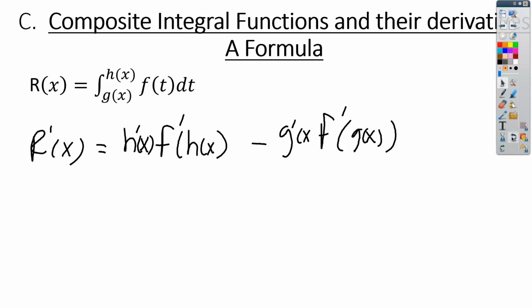Here we go. Can you guys make a correction here? Does anybody know what the error is I made? I'll give you some points if you can find it. Parentheses around the h of x. I'll give you a point for that, but that's not the one I was thinking of.